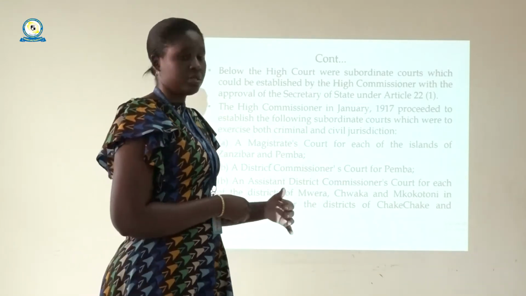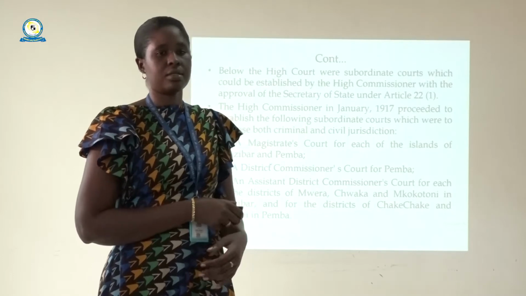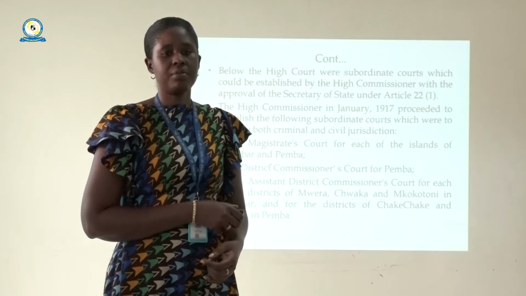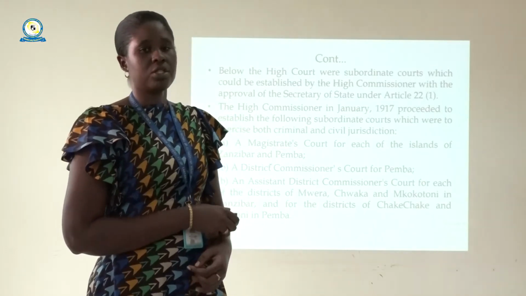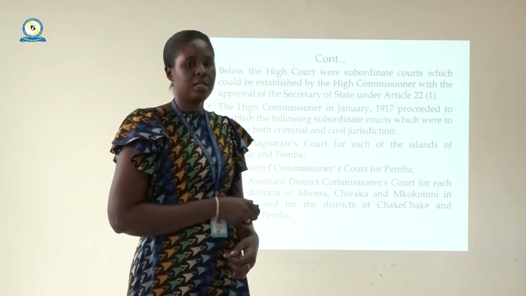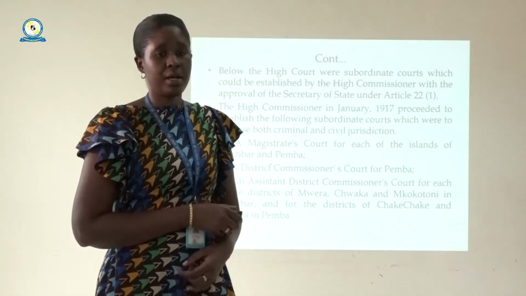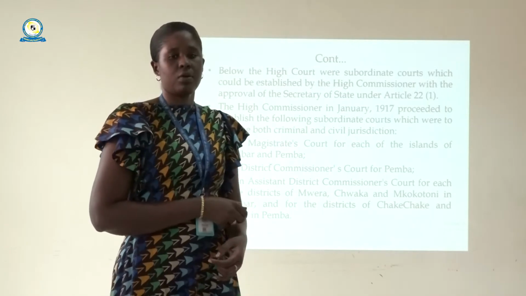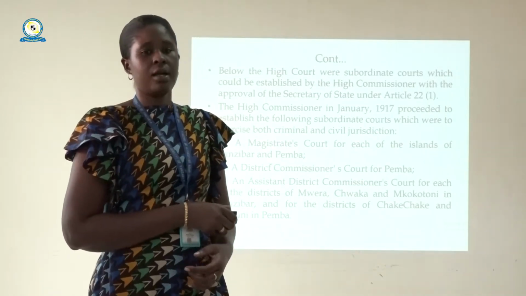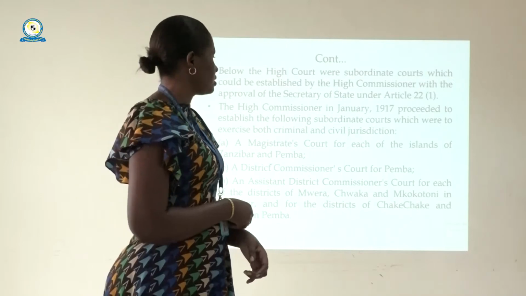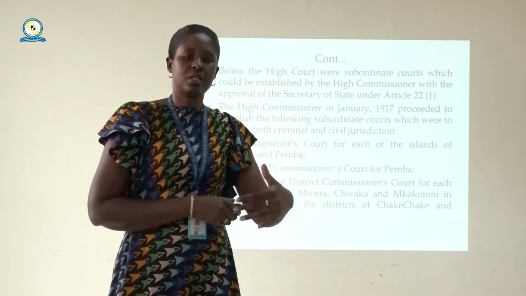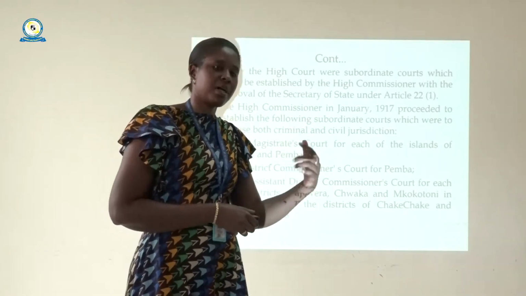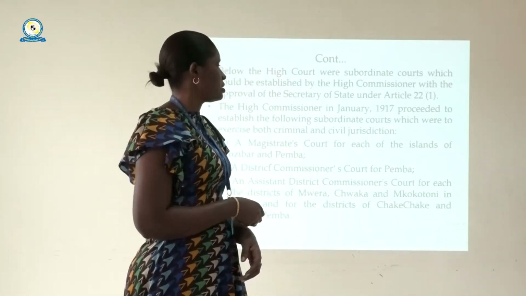So he established the Magistrate Court for each of the Zanzibar Islands, District Commissioner Courts for Pemba, and District Commissioner's Court for each of the districts, for example, Mwera, Chwaka, and Mkokotoni in Zanzibar. So all these subordinate courts were established by the High Commissioner, who was by then appointed by His Majesty the King.